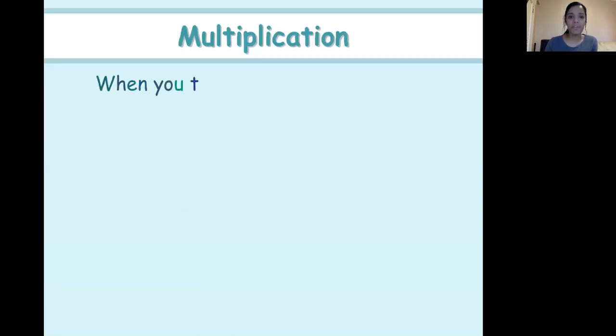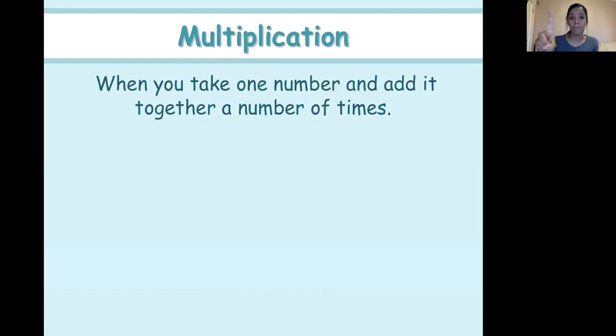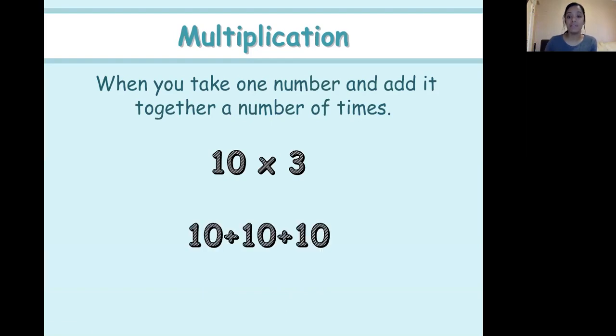So remember that multiplication is when you take one number and you add it together a number of times. So if I have 10 times 3, that's taking the number 10 three times. So we have 10, 10, and 10. 10 plus 10 plus 10, okay? It's the same.